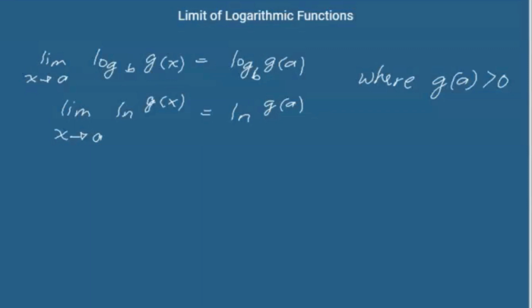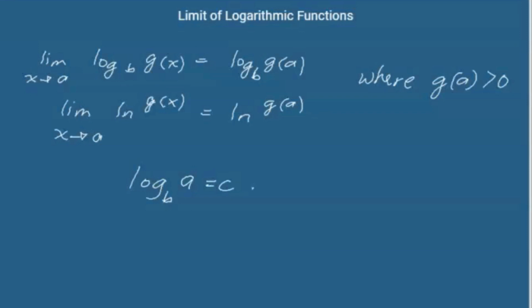But before we solve some example problems of limits of logarithmic functions, as I mentioned earlier, logarithmic function is the opposite, or the inverse, of exponential functions. So let's recall that concept. For example, we have the logarithm of a base b is equal to c.